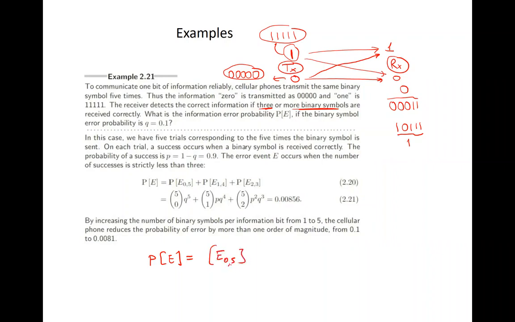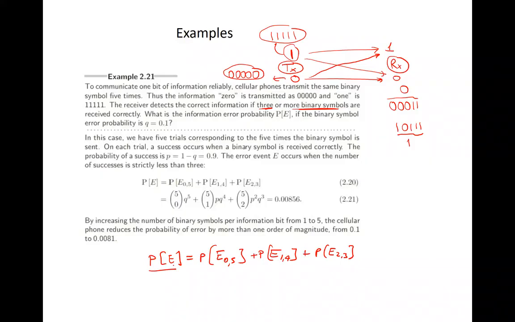So there is no success and all are failures, plus E 1,4 and E 2,3. So the probability of these cases will give you the probability of error.